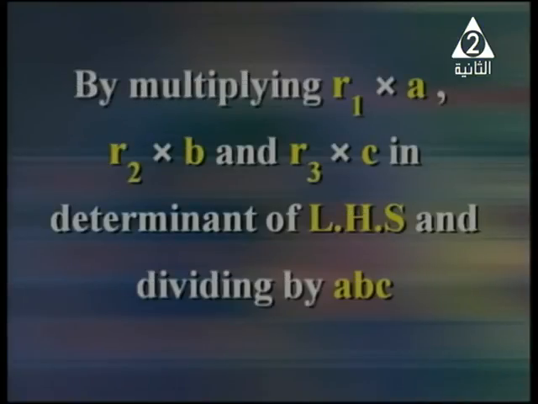Solution. By multiplying the first row by A, the second row by B, the third row by C in the determinant of the left hand side, and dividing by ABC.